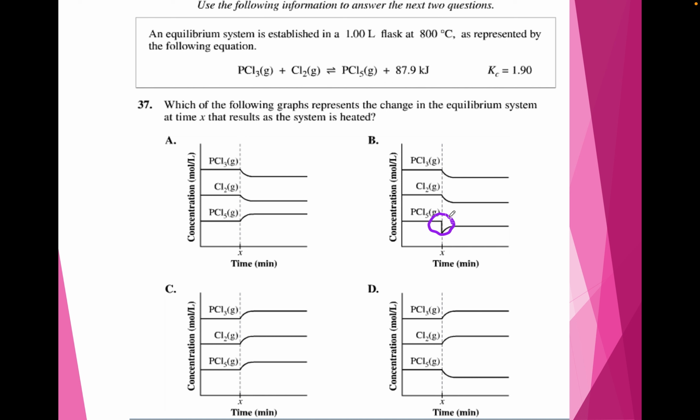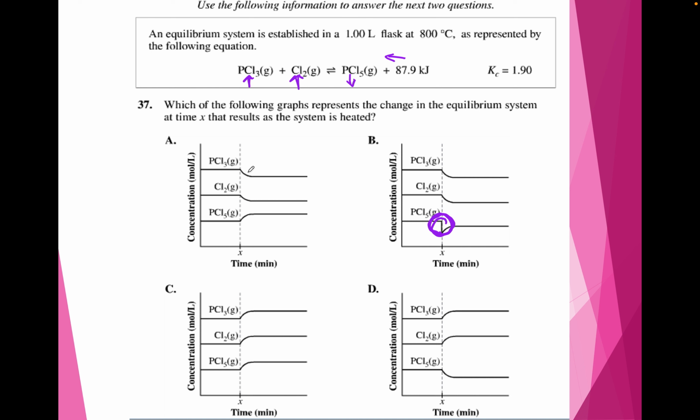It's a concentration change if only one line is affected. With heat, taking a look at our graph, we have our energy on the right-hand side. So if you heat it, you're going to shift to the left. That means the product needs to be used up, so it's going to go down in concentration, and your reactants are going to increase because if you're shifting to the left, you're going to make more of them.